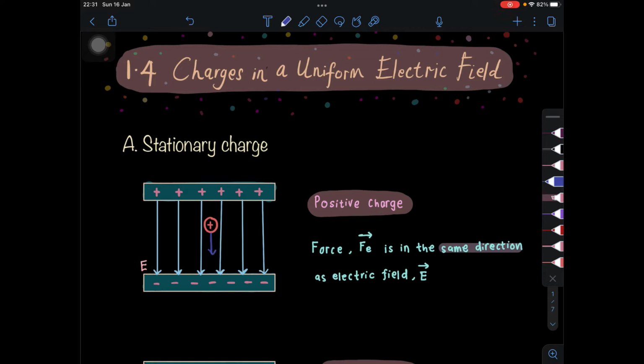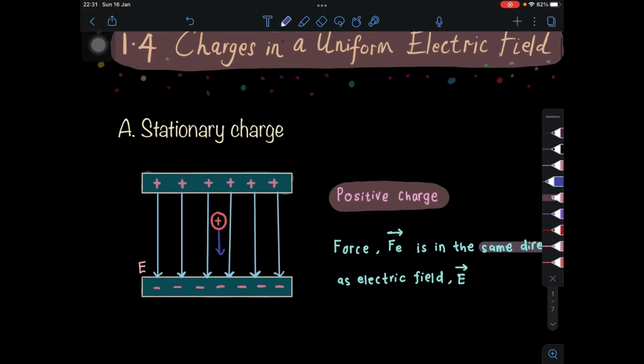Why? Because we learned in 1.1 that the charge will have electrostatic force. So there is a force that causes the charge to move towards the negative plate. Remember before this, positive will be attracted to negative.